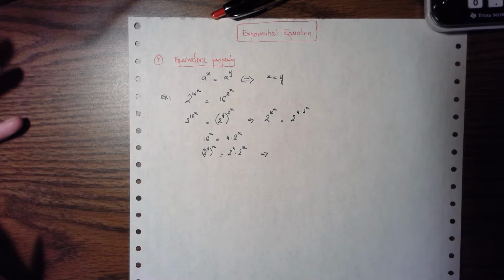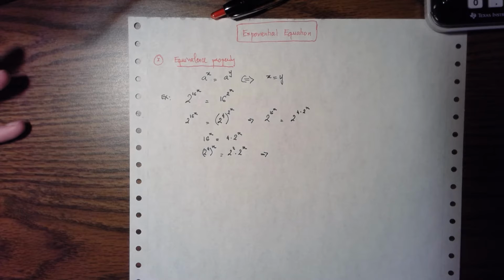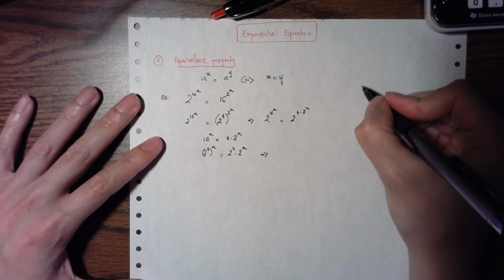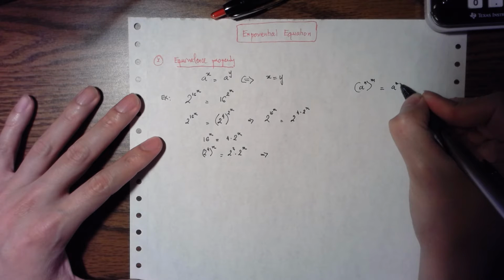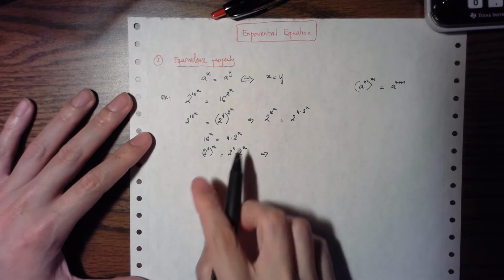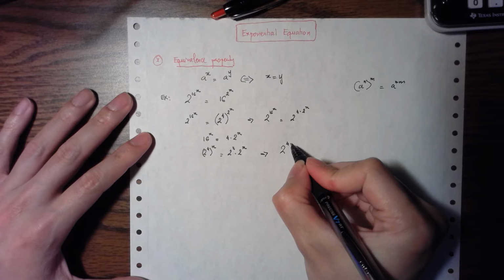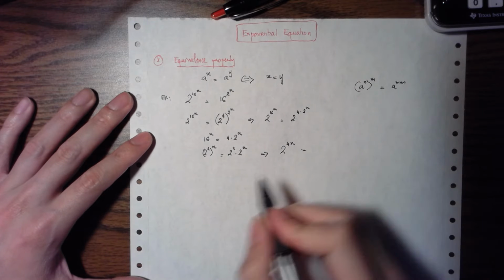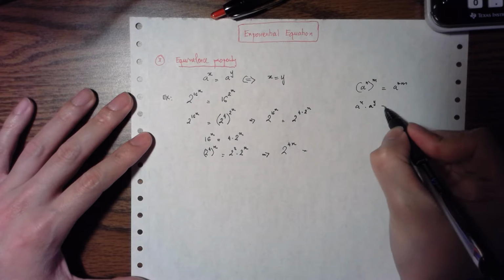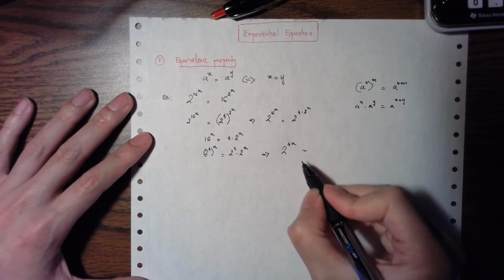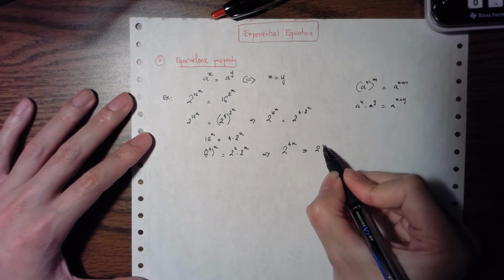Those formulas you have to memorize: a to the n raised to the m is a to the n times m. So this becomes 2 to the 4x. And a to the x times a to the y is a to the x plus y, so this becomes 2 to the 2 plus x.